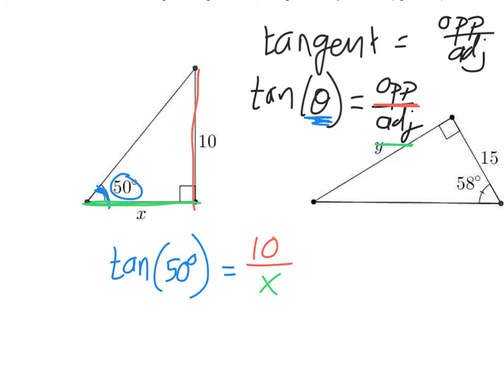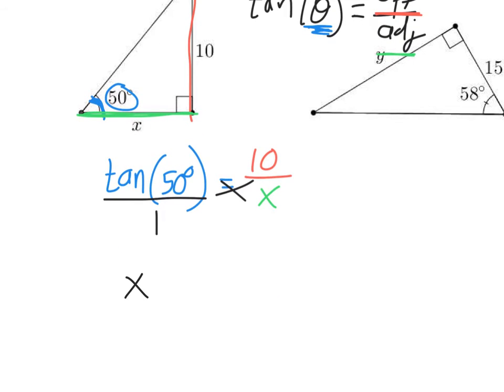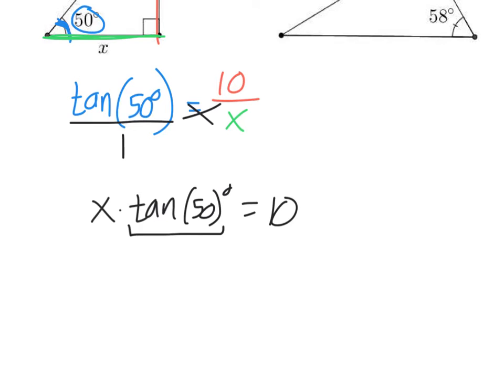Now in order to solve something like this, I'm going to make this numeric value on the left side a fraction, and now I'm going to cross multiply. And that's going to give me x times the tangent of 50 degrees equal to 10. Now the tangent of 50 degrees, this is just a number. Okay, that's nothing in particular. You type it in your calculator and you're going to get a number.